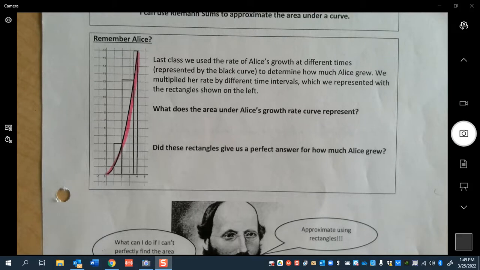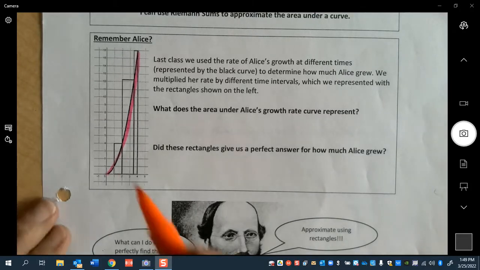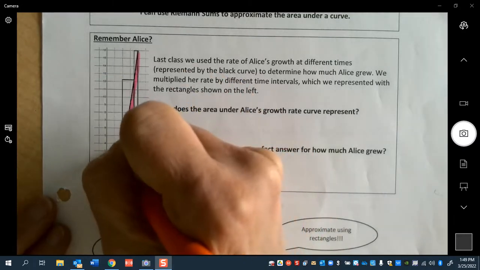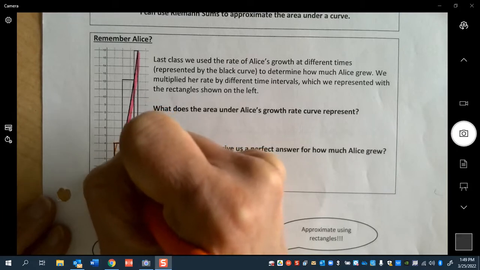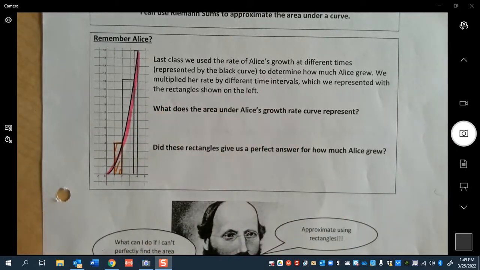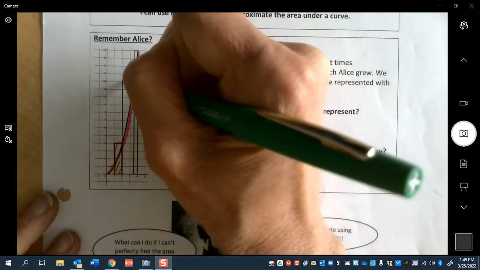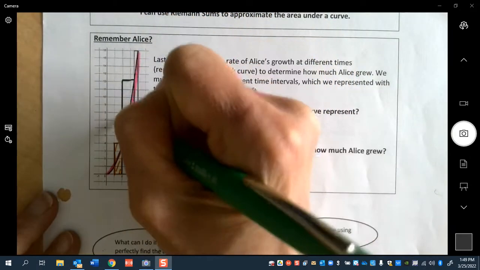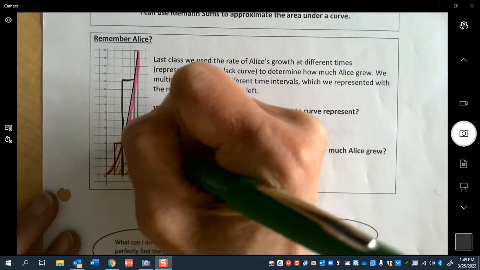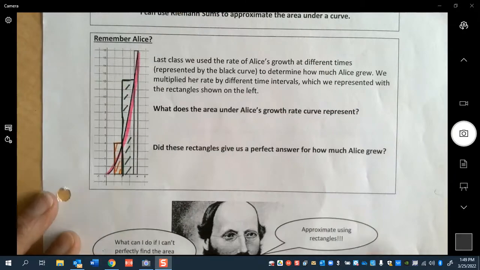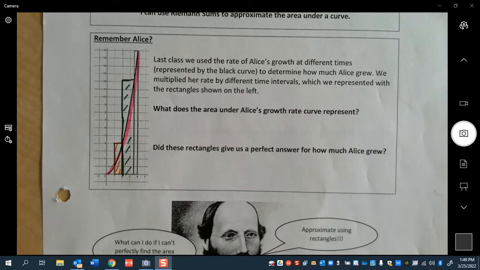So if you look at each of my different rectangles, here I have a rectangle that represents her height after 2 minutes, and here I have a rectangle that represents her growth after a little over 3 minutes.